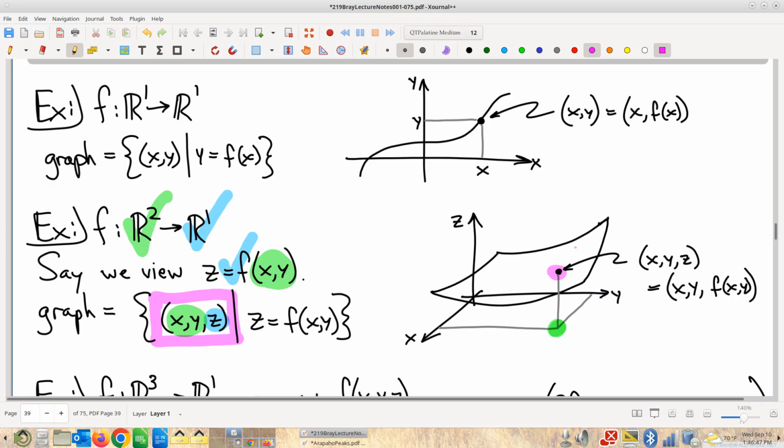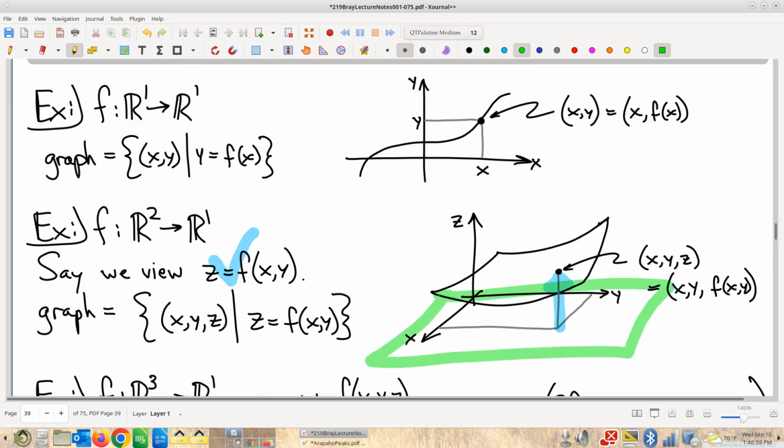Okay, and then again, you can think of this in a couple different ways. You can think of this as the formula for the function tells you how far to push up from the, again, forgive me, what you think of as being the domain down here, namely the XY plane. I think this is a useful point of view, if nothing else, for the fact that it helps me understand how the graph is two-dimensional.